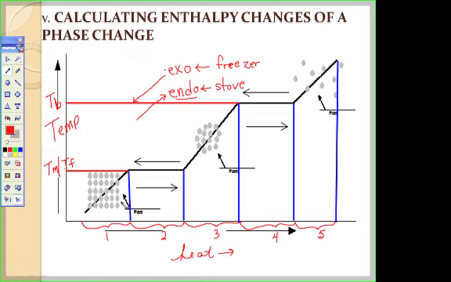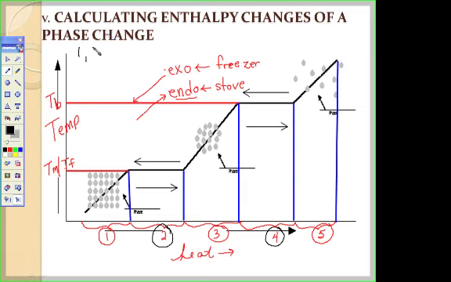Now, there's 3 types of processes that involve a temperature change. Steps 1, 3, and 5 all involve a temperature change, and that will be calculated using a formula we call MCAT. We're going to work on those in just a moment. And steps 2 and 4 are done via dimensional analysis.